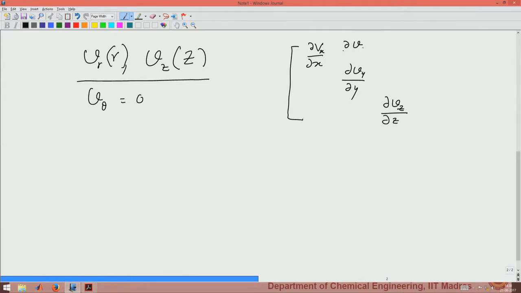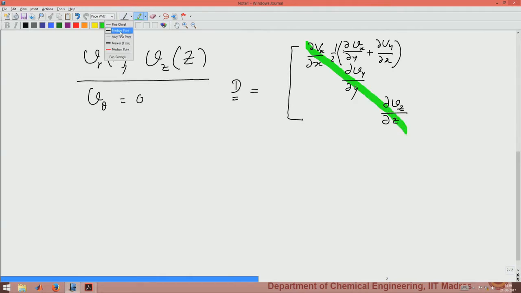So, now you can try to justify both ways. Of course, if we want to write for d, then this is half plus del Vy by del x, right, and so on. So, you can see the diagonal components, what are these? Extensional, right.